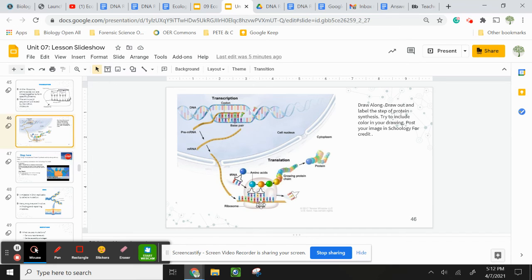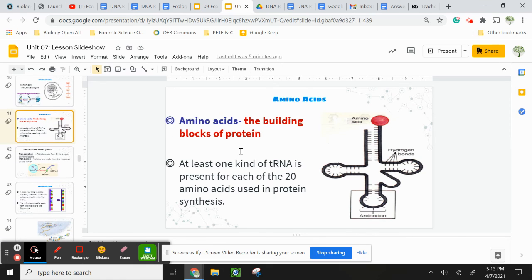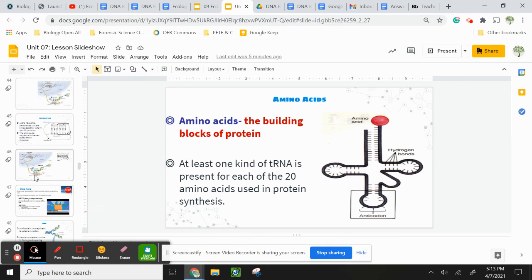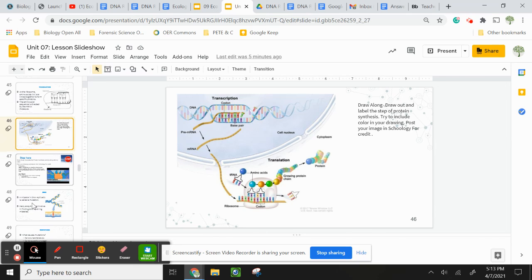We call the messenger RNA side a codon. Three nitrogenous bases on the messenger RNA side are called a codon. On the transfer RNA, the receiving side is called an anticodon. So the codons and the anticodons pair up with each other. That is protein synthesis in a nutshell.